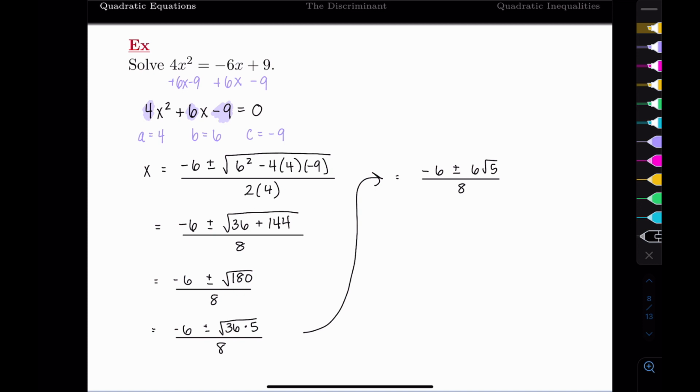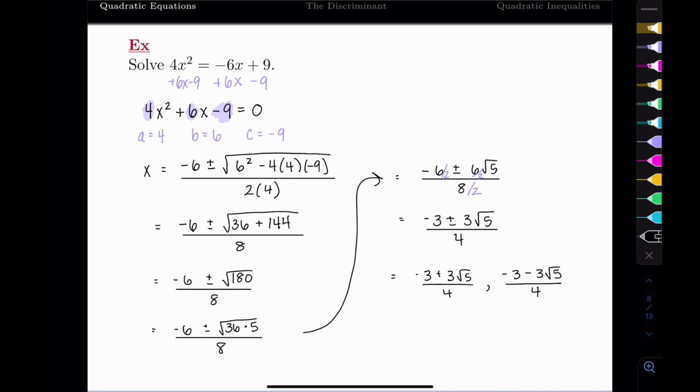All of those are divisible by 2, so you can divide every piece by 2, and this gives us negative 3 plus or minus 3 root 5 all over 4. That's as simplified as we can make it, and these are the two solutions. The first is negative 3 plus 3 root 5 over 4, and the second is negative 3 minus 3 root 5 over 4.